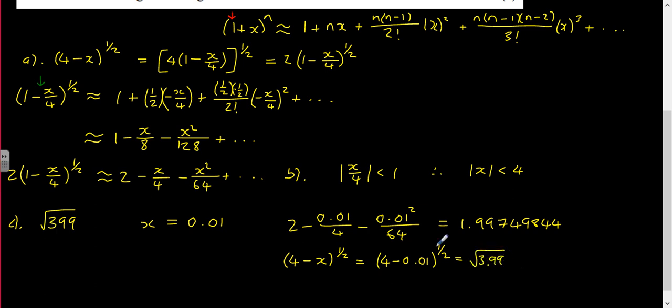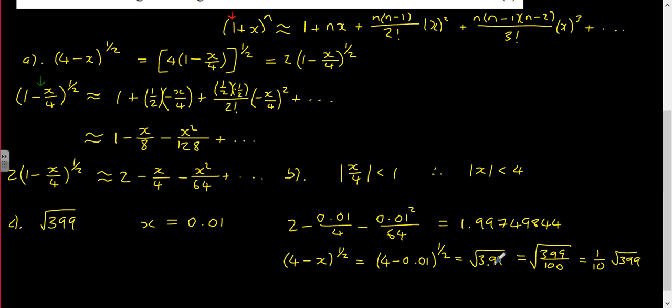Now that's interesting because it's obviously very similar to what we're being asked to do. Now the square root of 3.99 is the same as this, isn't it? The square root of 399 divided by 100, which is 1/10 of the square root of 399.